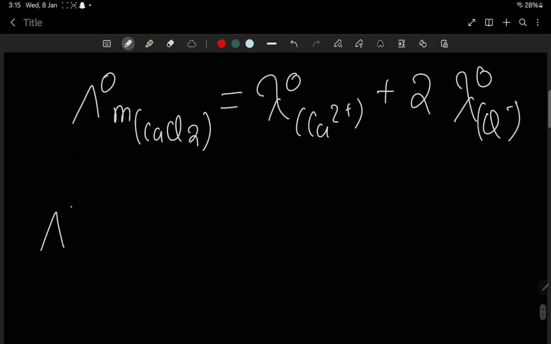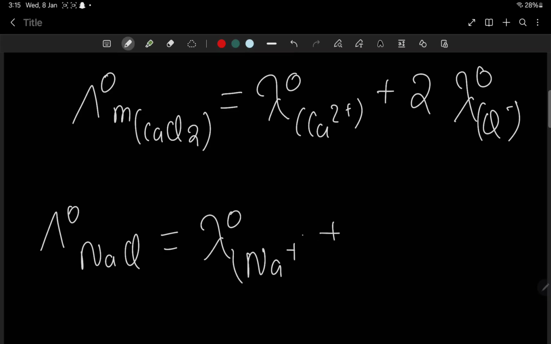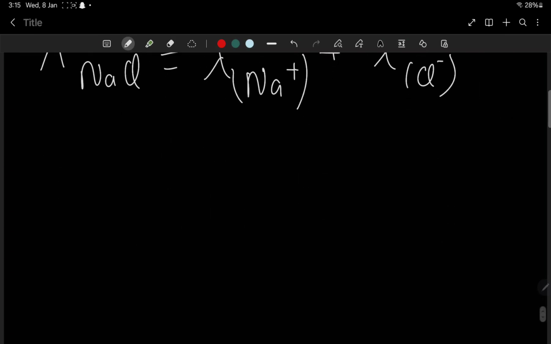Now if we need to find the limiting molar conductivity of NaCl, it is the limiting molar conductivity of Na plus plus 1 time the limiting molar conductivity of Cl minus. For any compound you can find it like that.